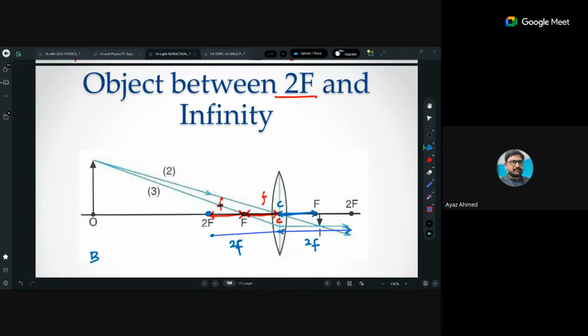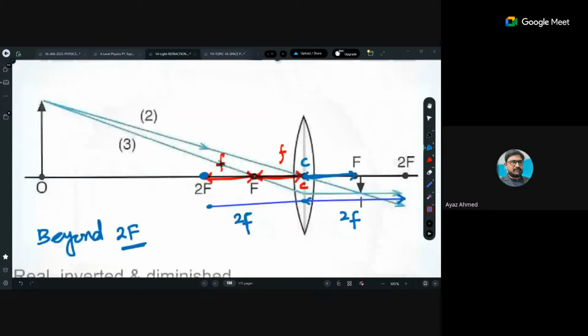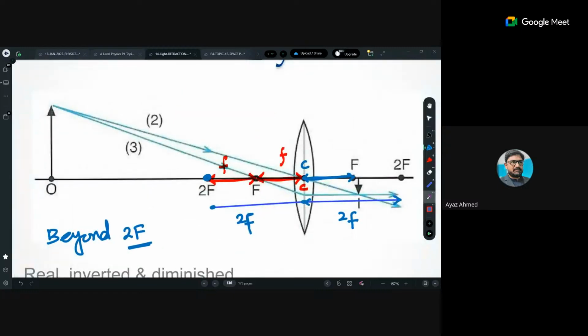Yani, you can also say that the object is beyond 2f. Where will its image be formed? You will have a straight line coming from the head of the object. I told you that out of three rays, you can use two which are suitable.